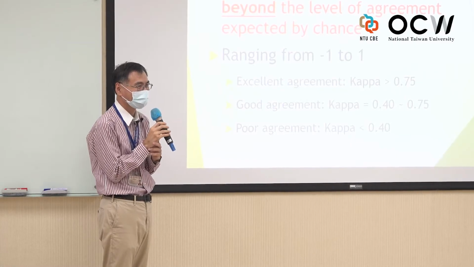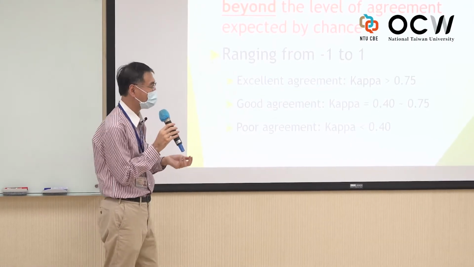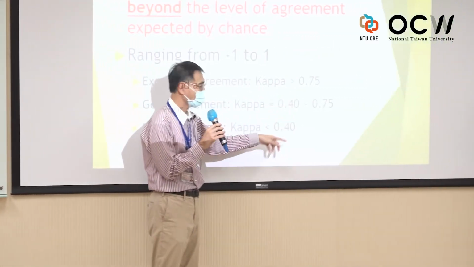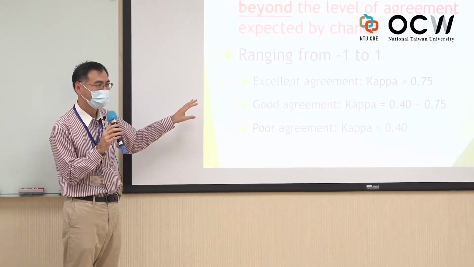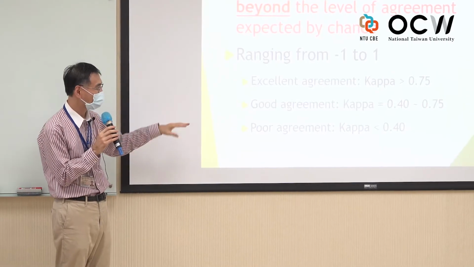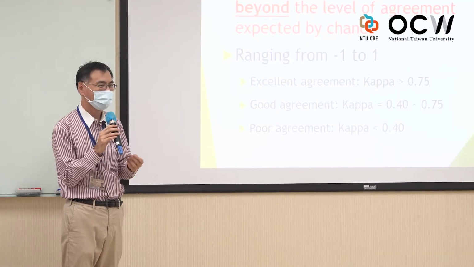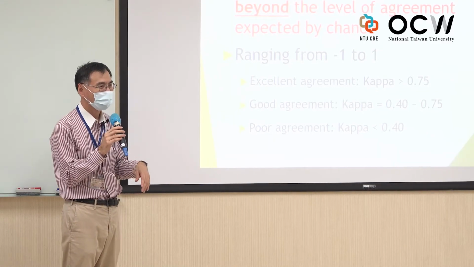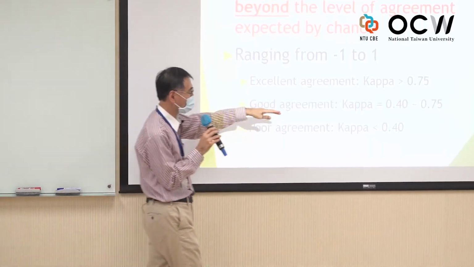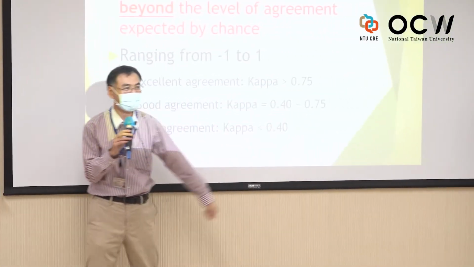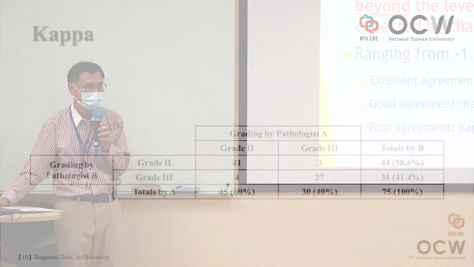That's even worse than not doing it, right? Yeah, but you might ask me, why 0.75, 0.4 here? It's kind of arbitrary. It's a rule of thumb again. There's no reason why. But you just need to know that Kappa is a very simple indicator from -1 to 1, and the best scenario will be 1. But if it's higher than 0.5, that's good enough in terms of the consistency between two observers.